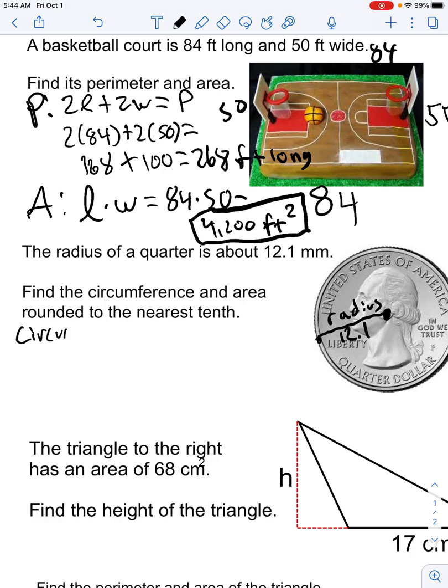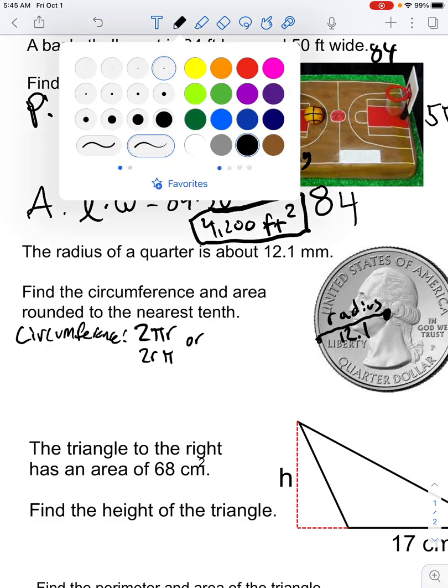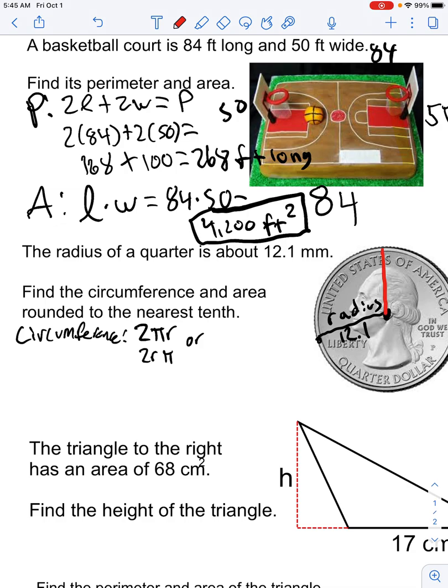Circumference has 2 different formulas. The one that you'll hear a lot is 2 pi r, 2 times pi times radius. I like to rewrite it as 2 radius times pi, because the order of multiplication doesn't matter. Or, very similar, a diameter goes all the way from one end of my circle to the other, and it's actually 2 times the radius.